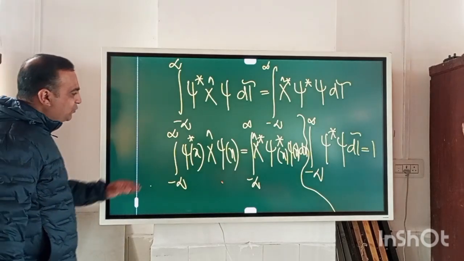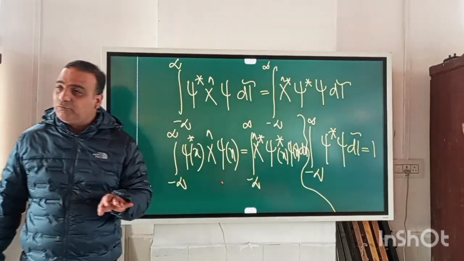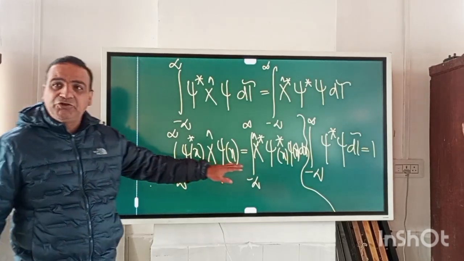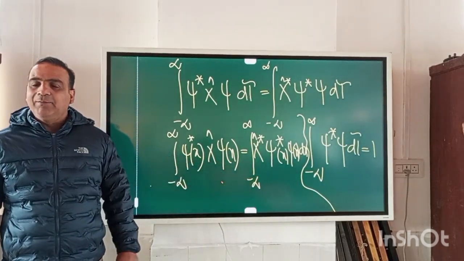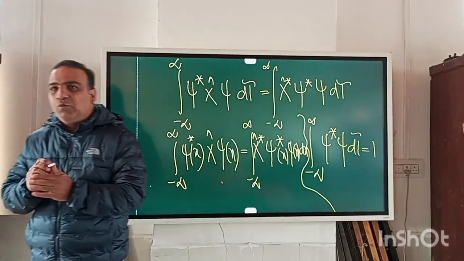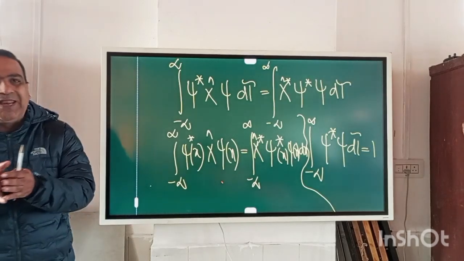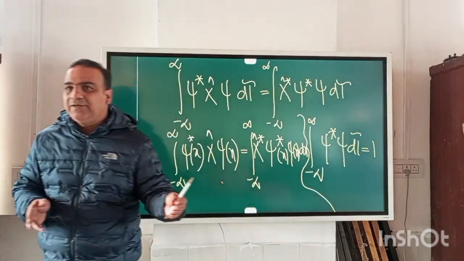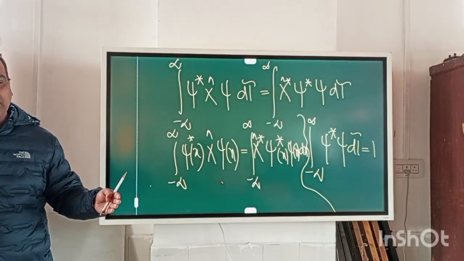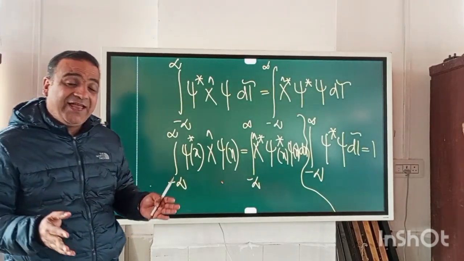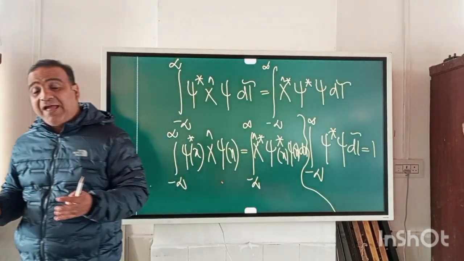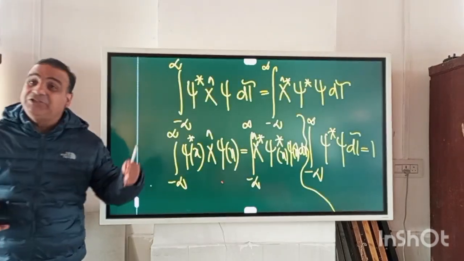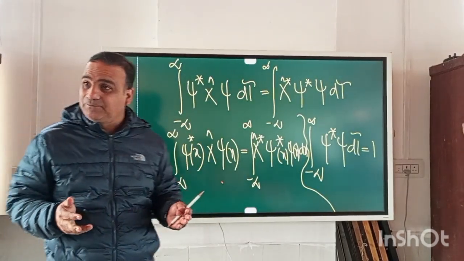All right. So for the operator to be a Hermitian operator, what is important is that this condition should be satisfied. But what I did here, I assumed that corresponding to one operator, I have one energy eigenvalue and one energy eigenfunction. What if I have two energy eigenvalues with two energy eigenfunctions?